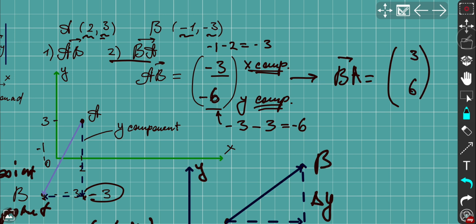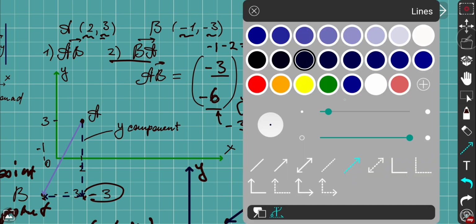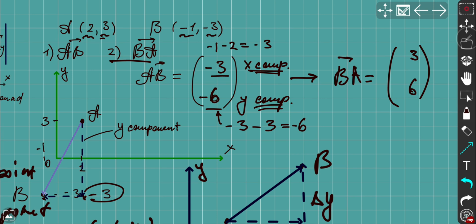And technically, it will go vice versa, so I'm going to use red color. So it will go in that way. The lengths will of course be the same, however, the components will be opposite in signs. So hence, generally, you can write that vector BA is simply the minus vector AB. So that's how it works.